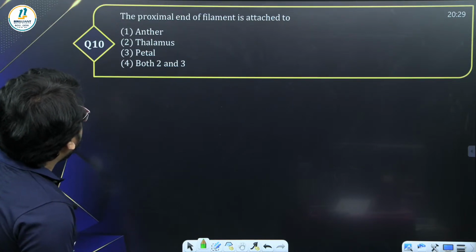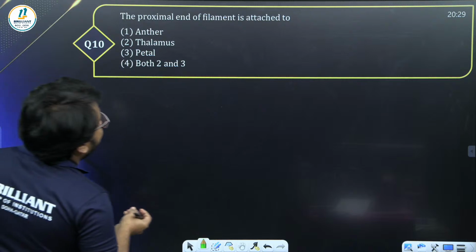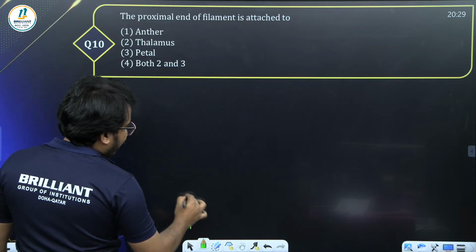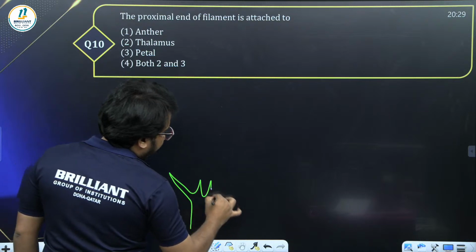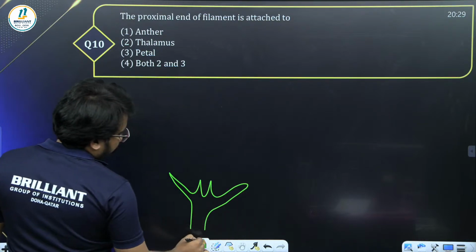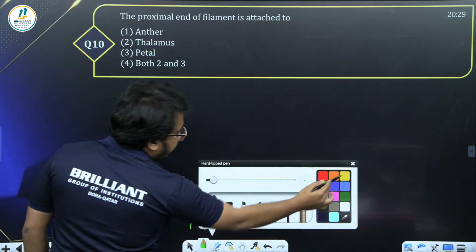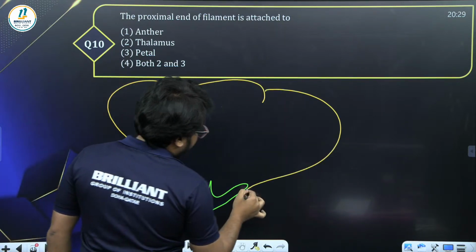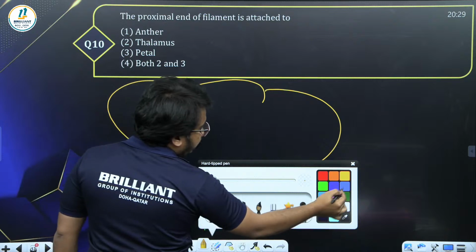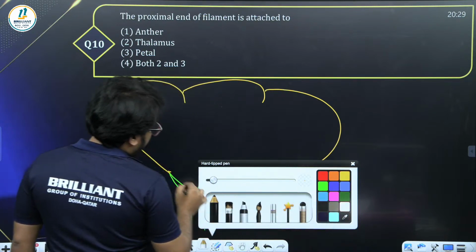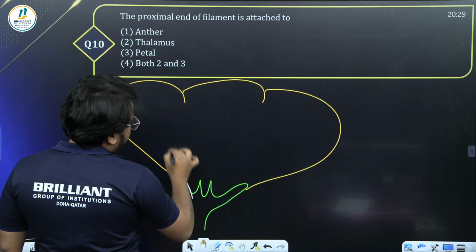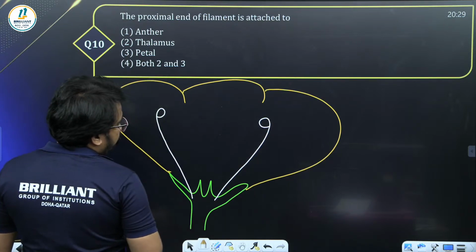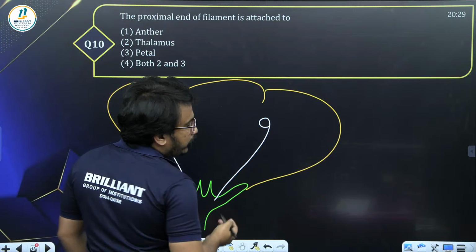Next one. The proximal end of the filament is attached to, many of them make mistakes in this question. So in a flower you can see there is sepal, then there is petal, and to that the stamen is attaching. The stamen can attach either to the thalamus or to the petals.